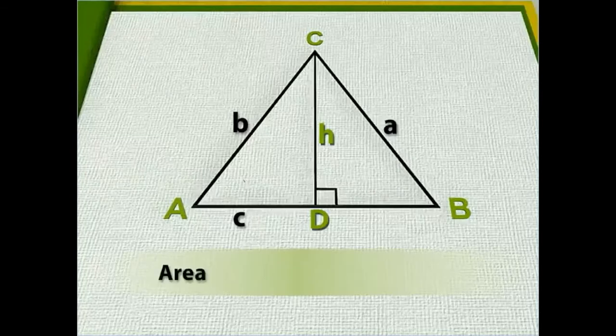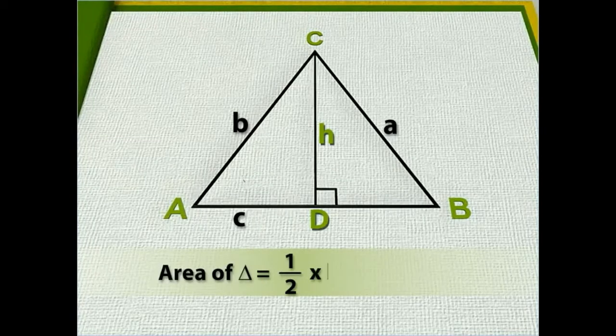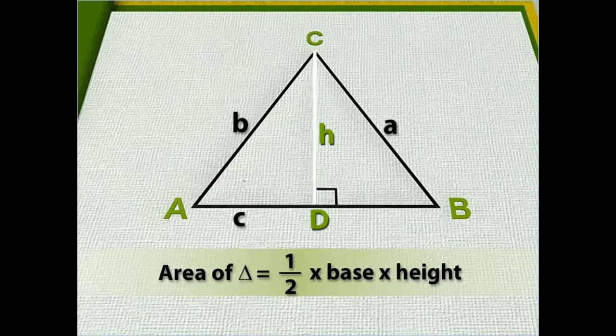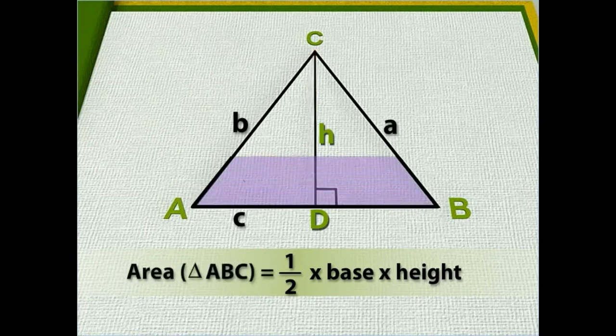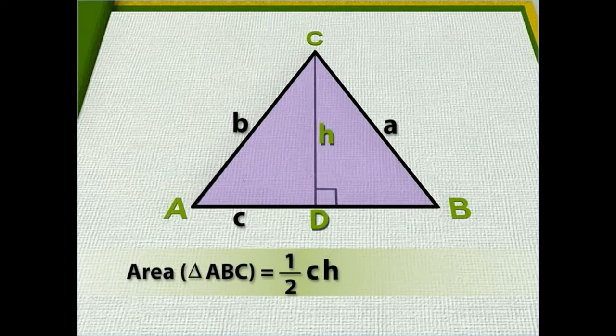The formula for the area of a triangle is 1/2 the product of the length of its side and the height of the perpendicular to this side. Thus, the area of the triangle ABC is equal to 1/2 CH.